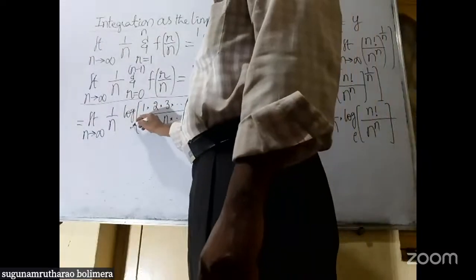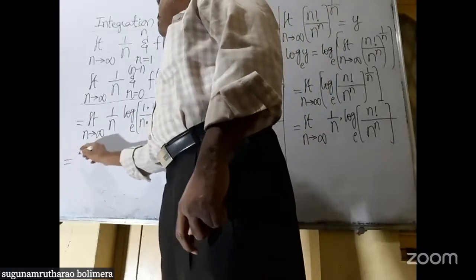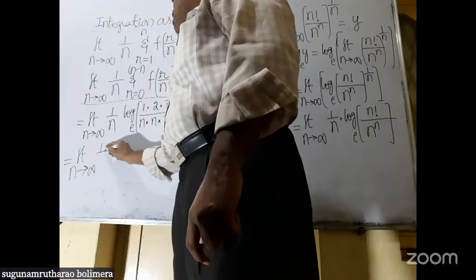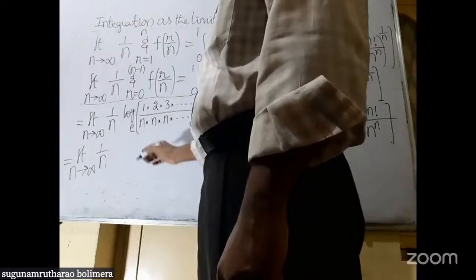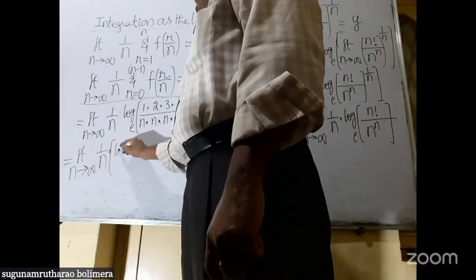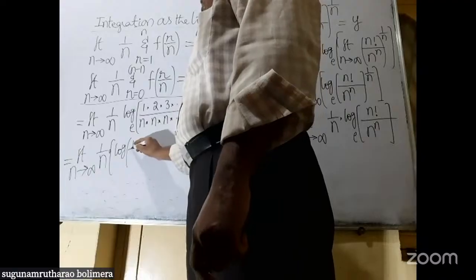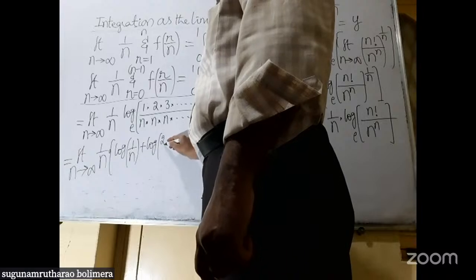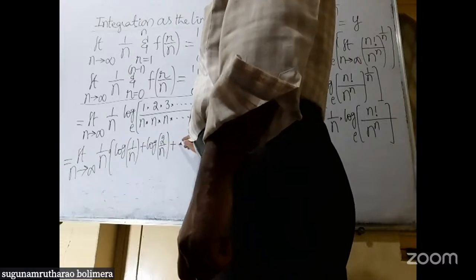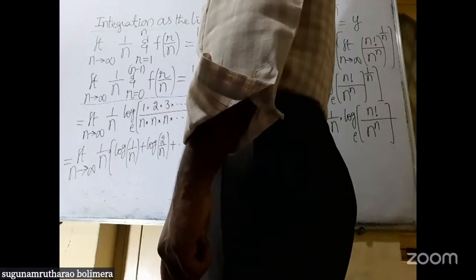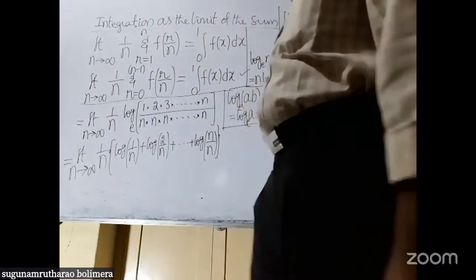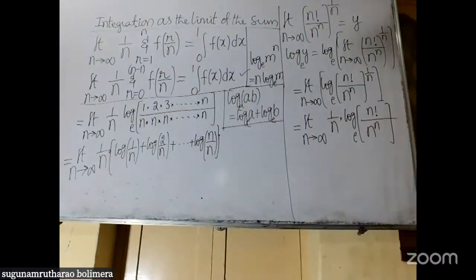So I'm going to write this as limit n tends to infinity 1 by n, logarithm of 1 by n plus logarithm of 2 by n plus and so on logarithm of n by n.